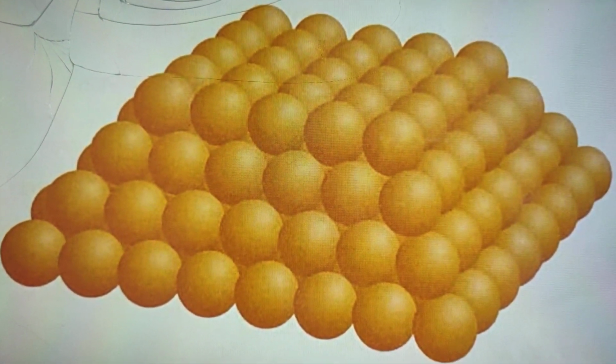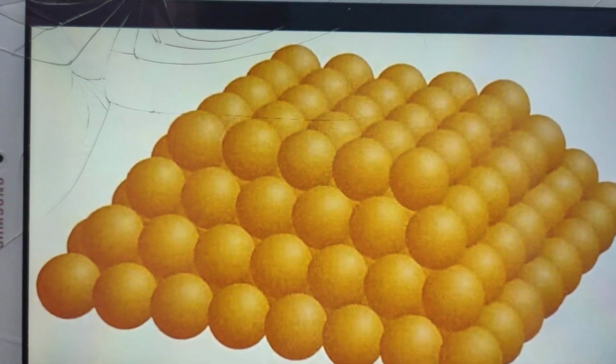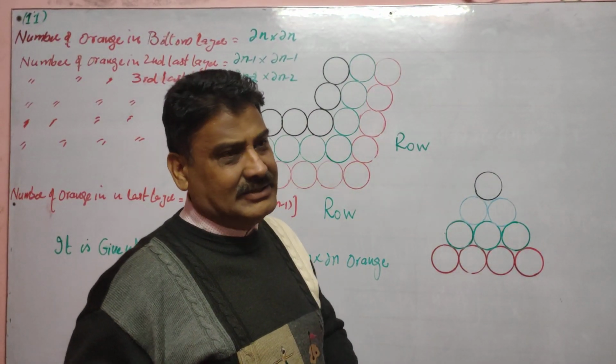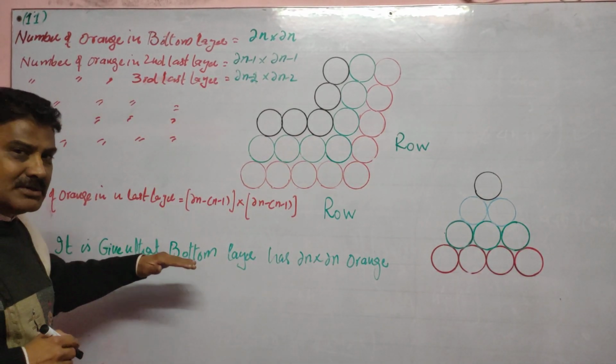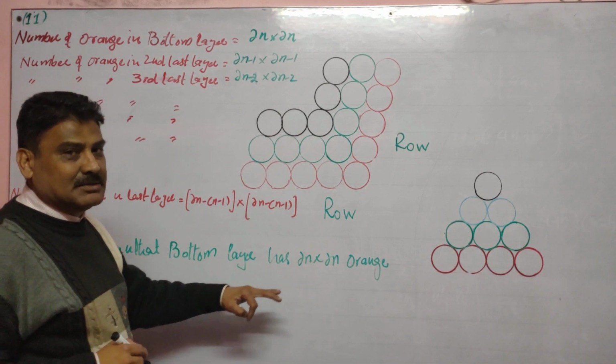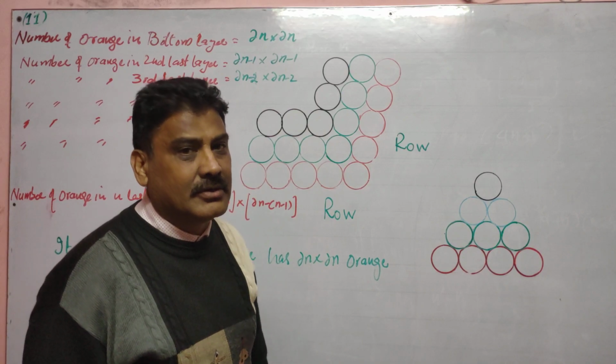Also it is given that the number of oranges in the bottom layer is 2n multiply 2n. You have seen the figure first.